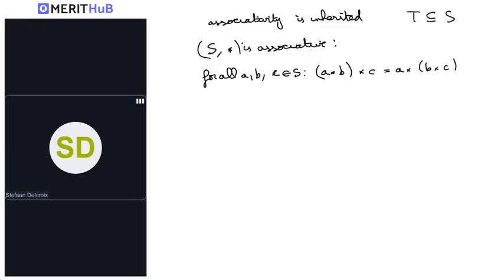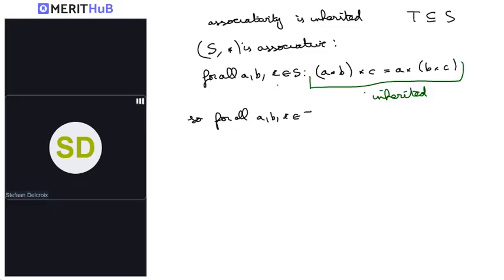And the property that is inherited is always what comes after the for all. This here is inherited. So what does that mean? For all A, B, C in T, this property is still true. That means T is associative.